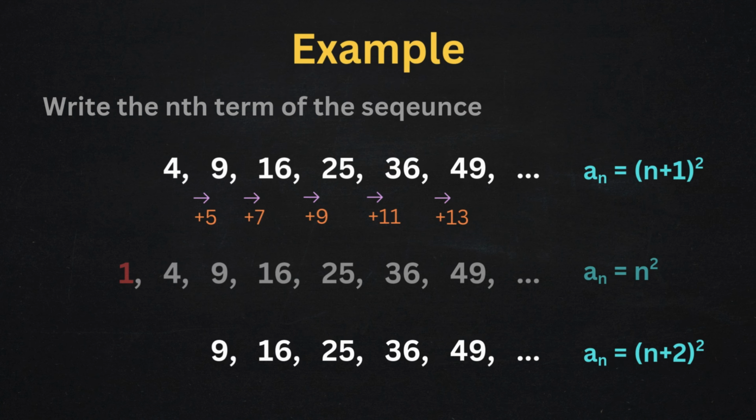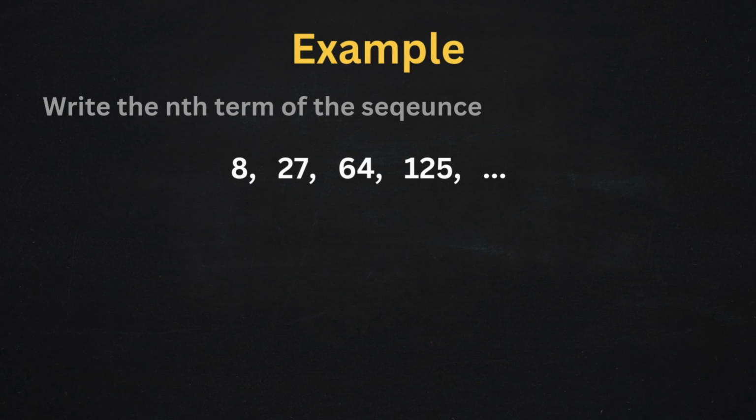Let's solve another example. Write down the nth term of the sequence 8, 27, 64, 125. The first question should be, is it arithmetic? As the difference between two adjacent terms is not the same each time, it belongs to square, cube, or triangular numbers. As we have memorized the first terms of the sequences, we can figure out these are cube numbers.